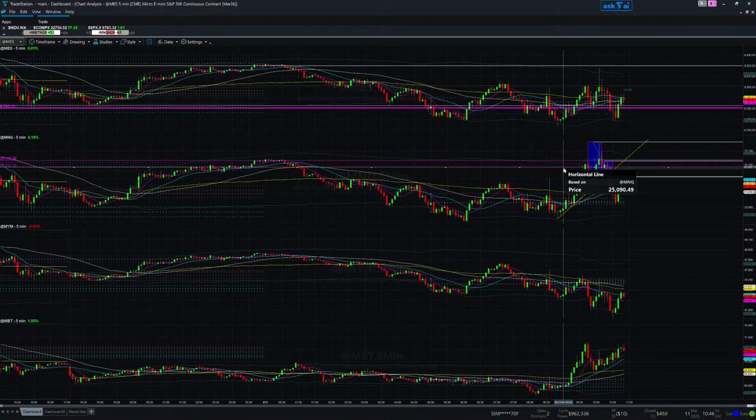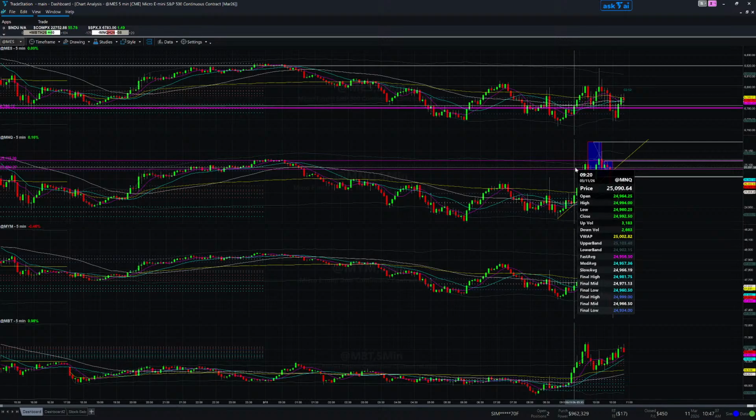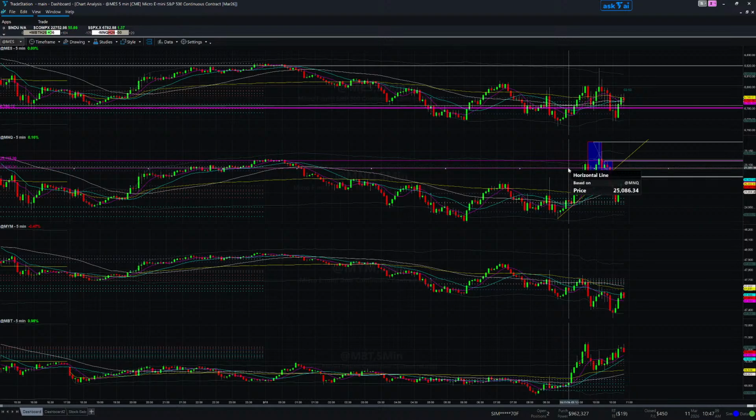put the line right here. That's where you could set up a limit order right there. You could set up a limit order right there, and then another one right there, and then you could do another one.